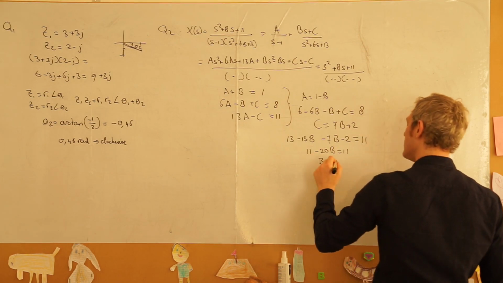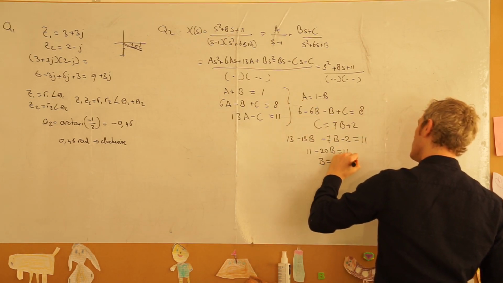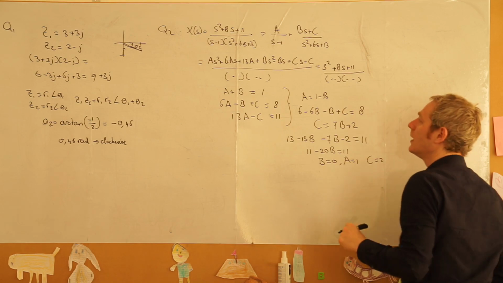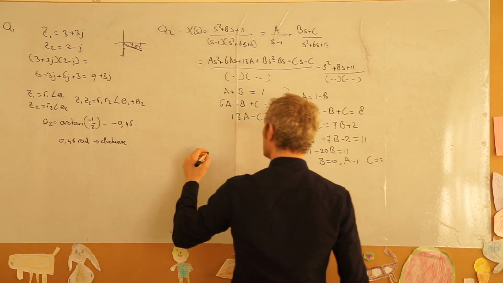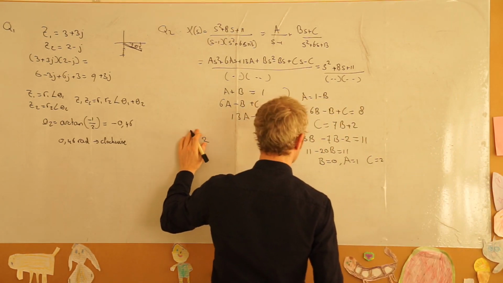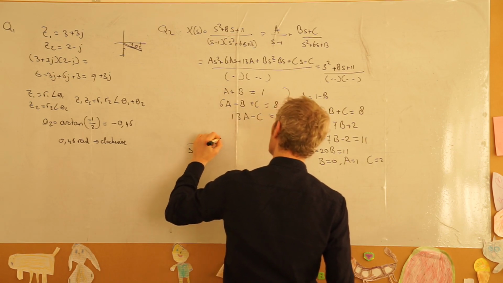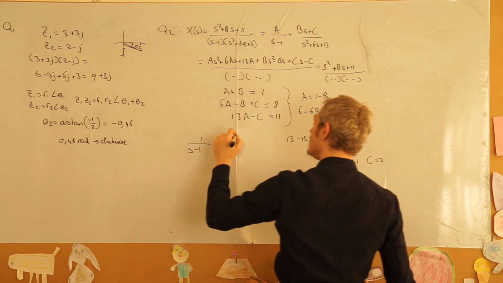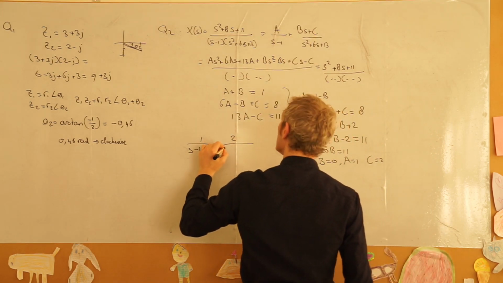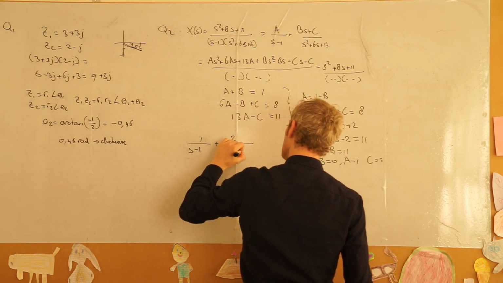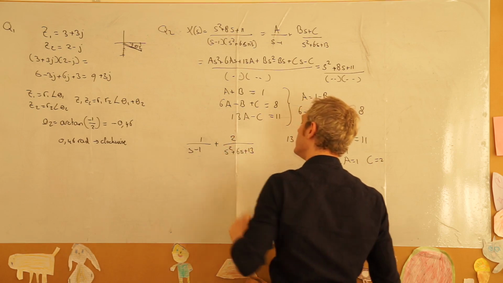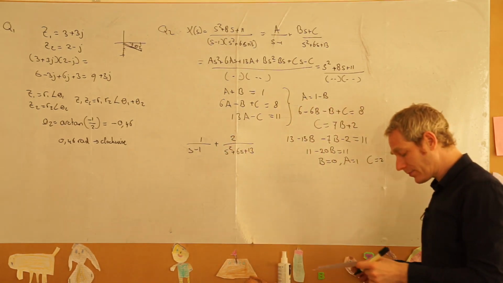And if B is equal to 0, then A is equal to 1 and C is equal to 2, and our partial fraction expansion will be 1 over s minus 1 plus, well, B is 0, 2 over s squared plus 6s plus 13. And we are done.